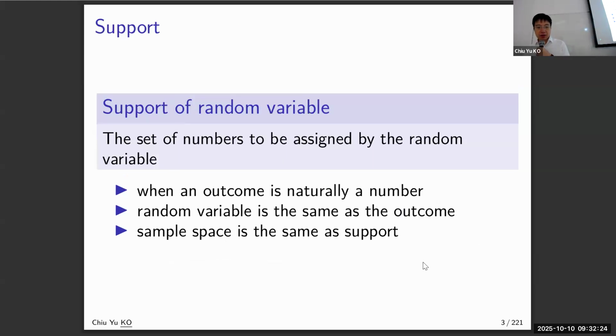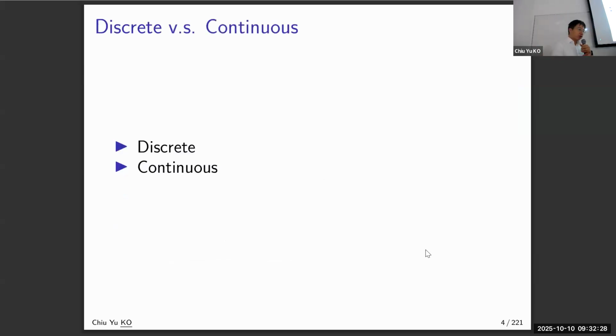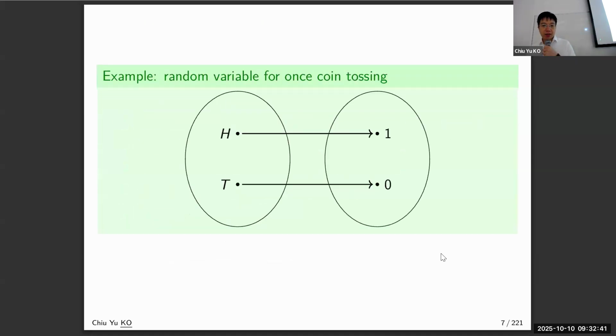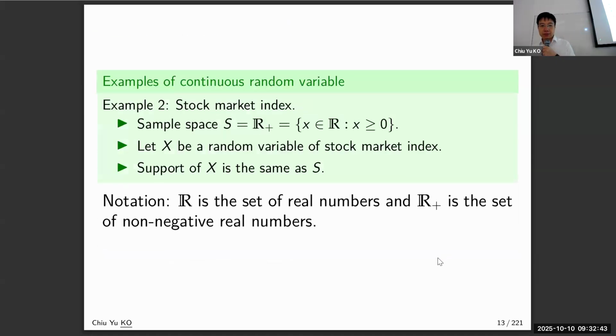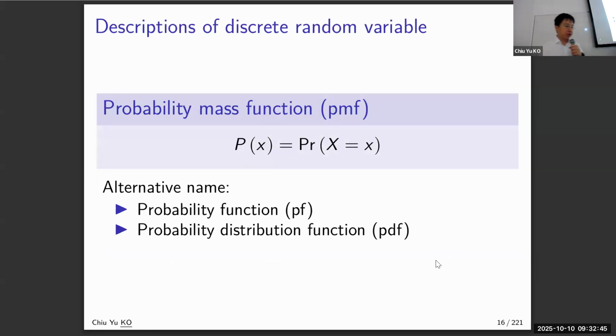We focus on two cases based on the math tools to be used. One is called discrete, the other is continuous. Discrete is the one where you can use standard math. For continuous, you have to use calculus. For discrete, we have two ways to describe.